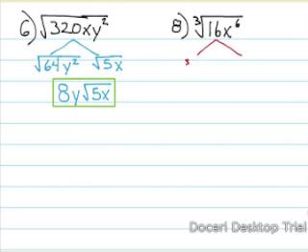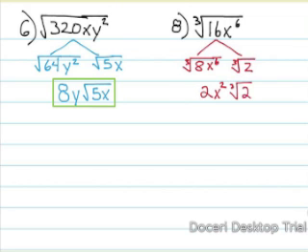Well, the cube root of 8 is a perfect cube, and that leaves us with a cube root of 2. x to the 6 is a perfect cube because 6 can be divided by 3, so we leave x to the 6 under our perfect side. And then we simplify. The cube root of 8 is 2. The cube root of x to the 6th is x squared. And then we leave the cube root of 2 on the end. So it looks a little complicated still, but our radical there is much, much simpler.